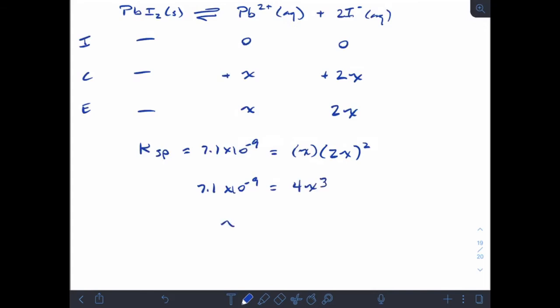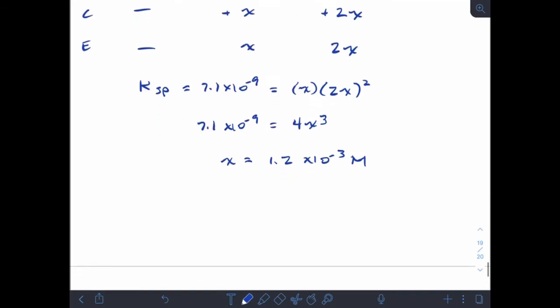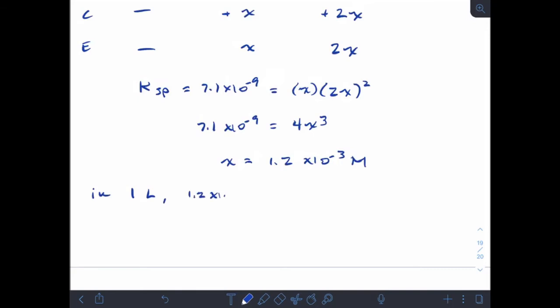And we find that x comes out to be 1.2 times 10 to the minus 3 molar. Okay, so that means that in 1 liter, 1.2 times 10 to the minus 3 moles of Pb2+ will be found.